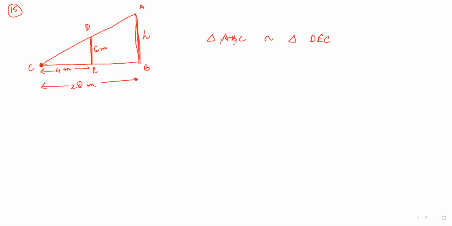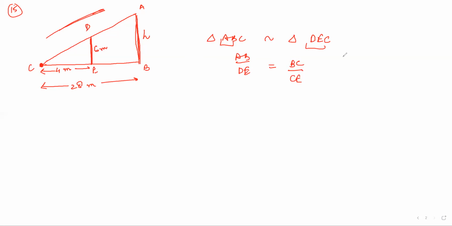So AB upon DE will be equal to AC upon DC. No, take the lower one because I'm not interested in this height since nothing is given. Take this side. So BC upon, no, not BC, EB upon CE. CE. Yes.